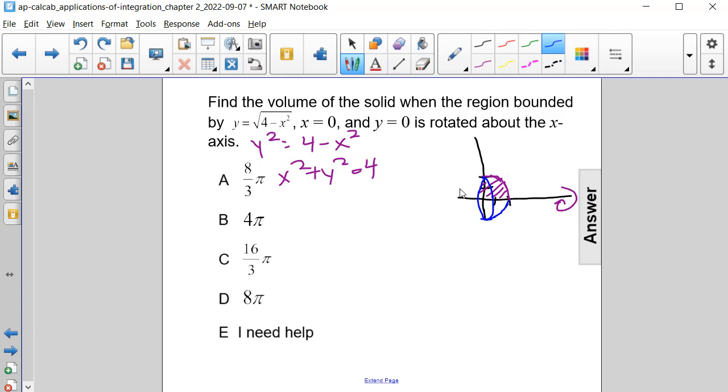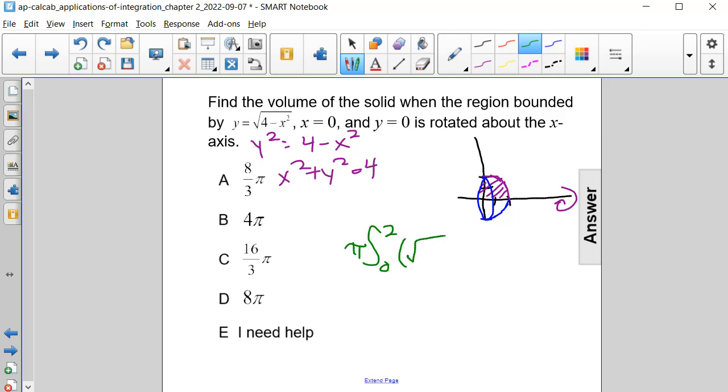So now that we know what this graph looks like, we can set up the integral that we are going to use. So we're going to have the integral, and we have pi out in front of it, from 0 to 2 of our function. Because we're rotating it about the x-axis, we want it in terms of x.